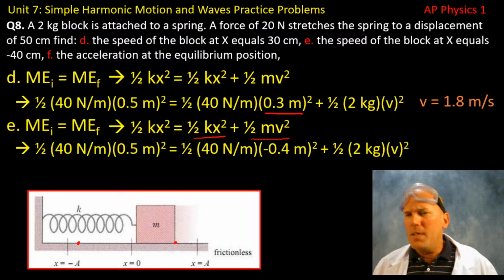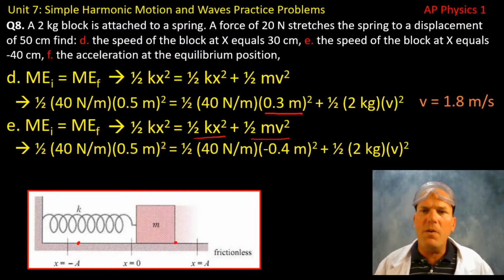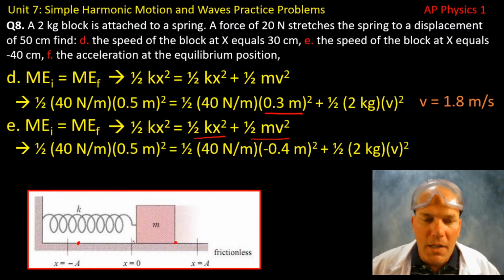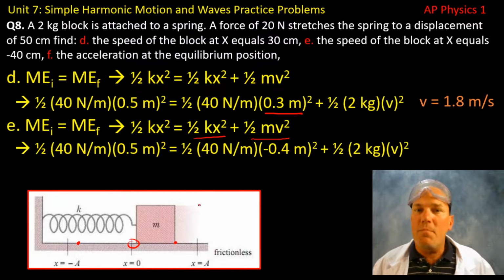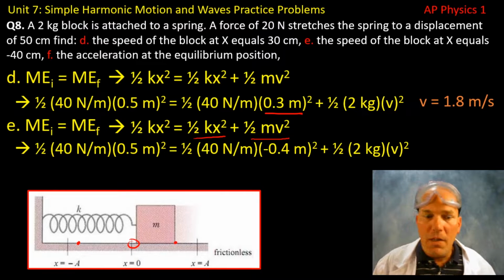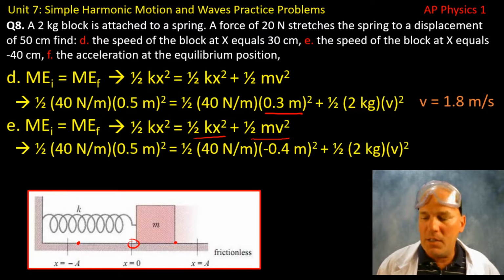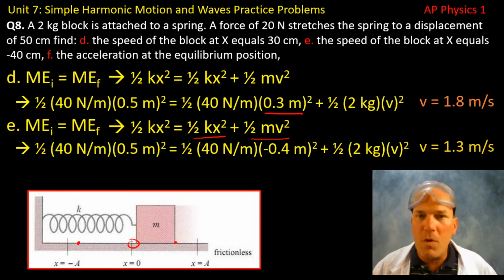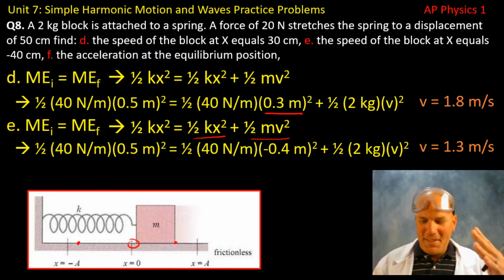Well, only a fraction of that spring has been converted into kinetic energy. Here, it's all converted at equilibrium. Here, we had 0.2 of a meter change in position converted. Here, we only have 1/10 of that potential spring energy. So let's make a prediction that our value will be less than 1.8 meters per second. And it is. And this makes sense.